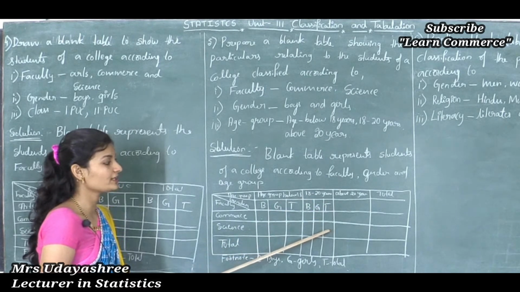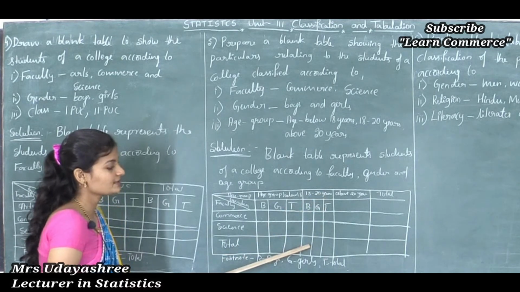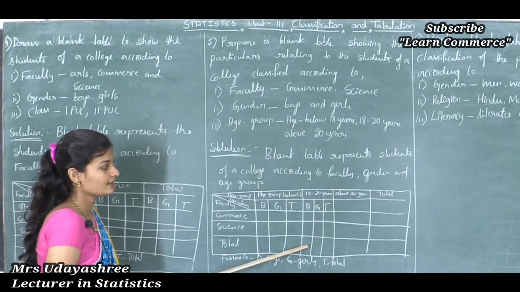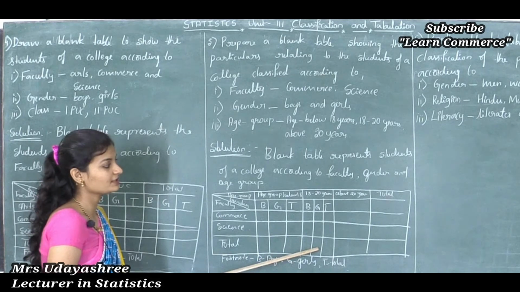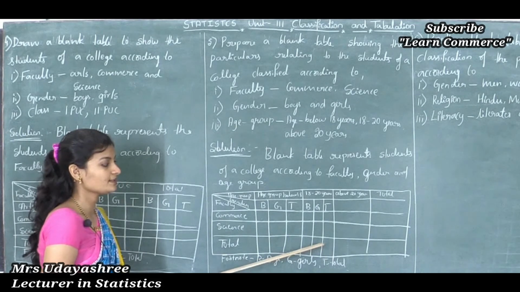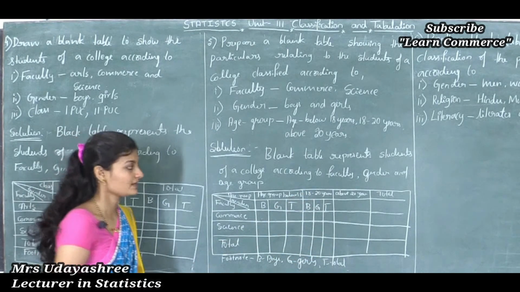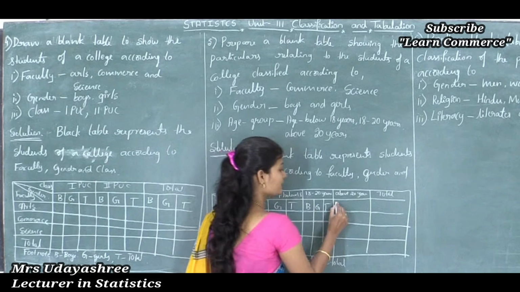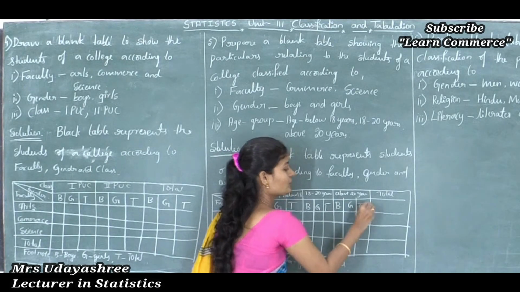Then this is the total number of science students of age group 18 to 20 years, and this is the total number of boys in the age group 18 to 20 years, and this is the total number of girls in the age group 18 to 20 years, and this is the total number of students in the age group 18 to 20 years. And next I will write for this gender, that is boys, girls and total.